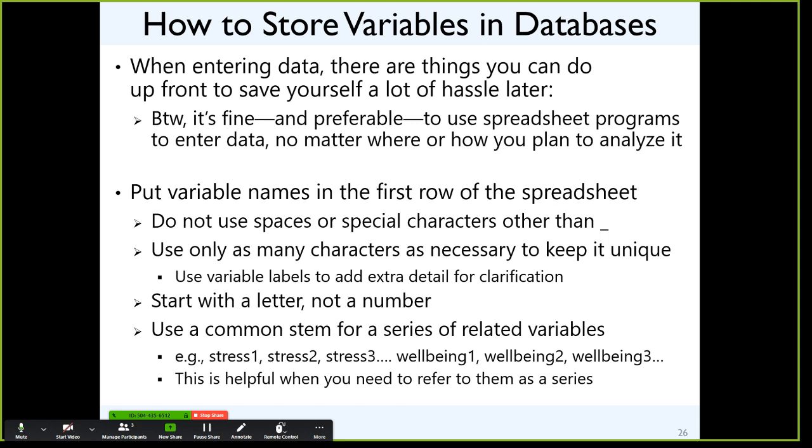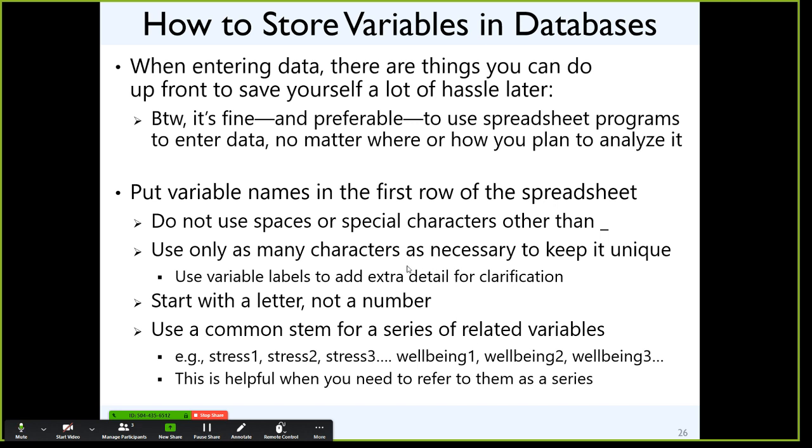So that means do not use spaces. They will get converted to something else, underscores, dots, or otherwise. You cannot use special characters other than underscore. You cannot use dashes, for instance, and you can't start with a number. So if you know these things ahead of time when you're naming your columns, you can save yourself having to rename things. They all have to be unique names, of course, as well as another piece.